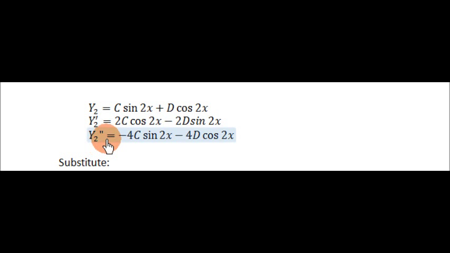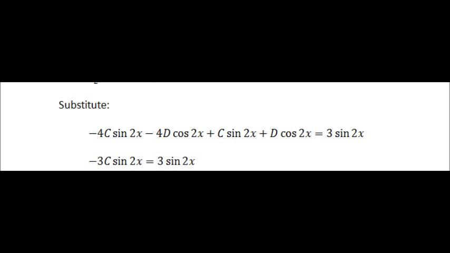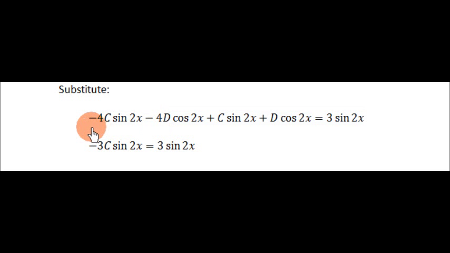So y2 double prime is equal to negative 4c sine 2x minus 4d cosine 2x. So substitute it to the original equation. So we have negative 4c sine 2x minus 4d cosine 2x plus c sine 2x plus d cosine 2x equals 3 sine 2x. This is the second term of the right hand side.